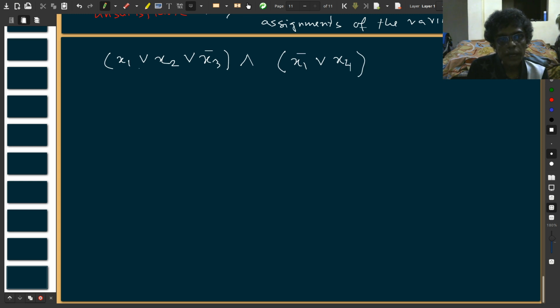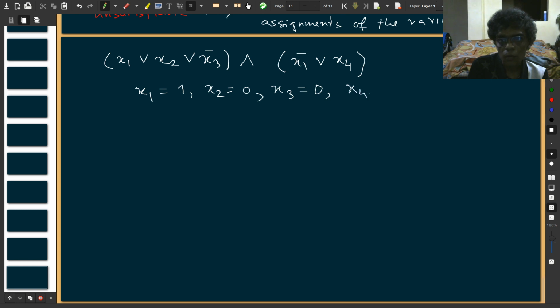Yes, for example, I can take X1 equal to 1, X2 equal to 0, X3 equal to 0, X4 equal to 1. For this truth assignment, this evaluates to true because X1 is 1 and this is true because X4 is 1. So this is 1, this is 1 and 1 is 1. So this is satisfiable.